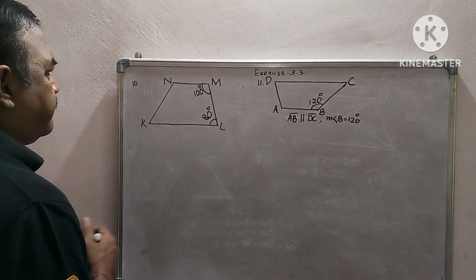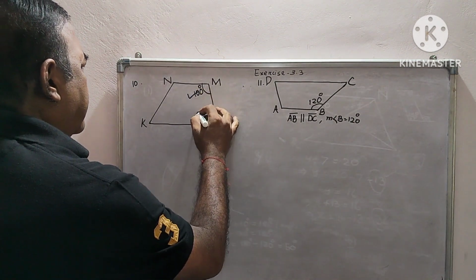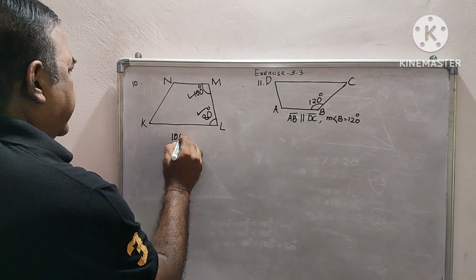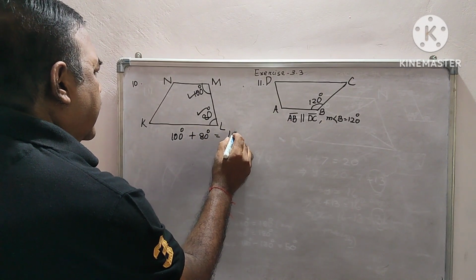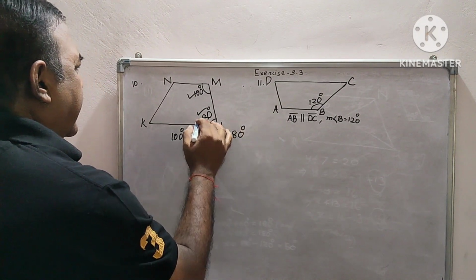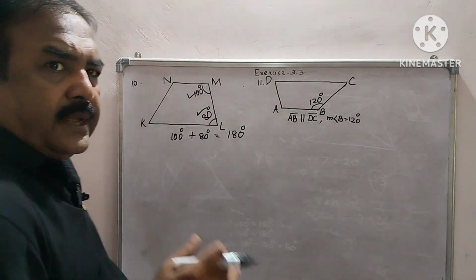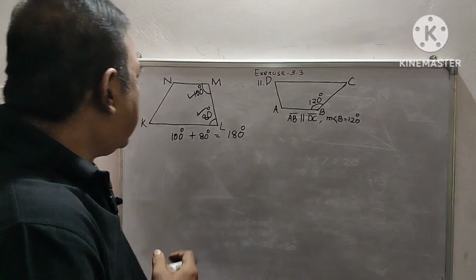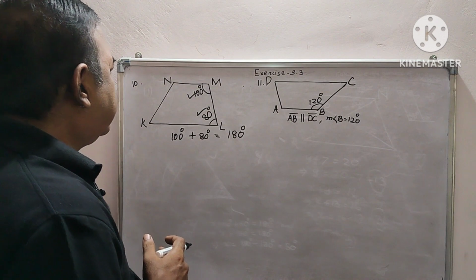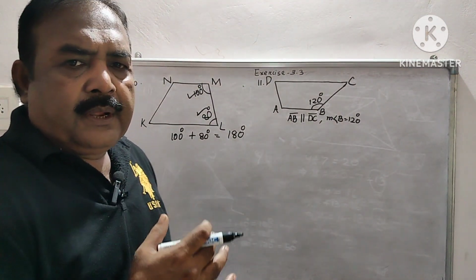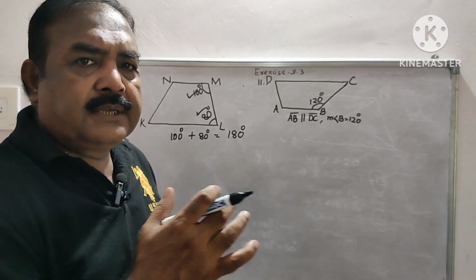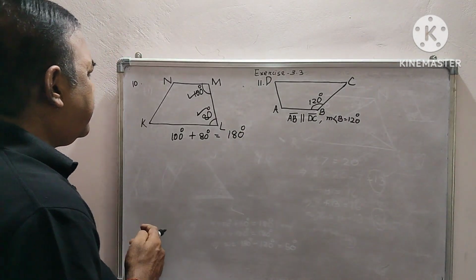So you see, this angle plus this angle, 100 degree plus 80 degree, is equal to 180 degree. And these are the two interior angles. Already we know from the property of parallel lines and their transversal, what we know?